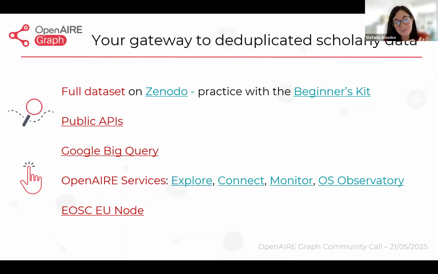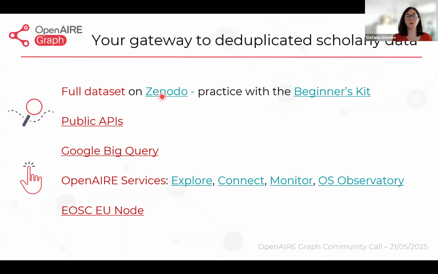I know that in every community call we say this, but this is a good moment to remind you of all the multiple ways to use and access the graph. The full data set is released every 6 months on Zenodo, where you have the records published as organizations, projects, publications, etc. And I invite you to follow the links.